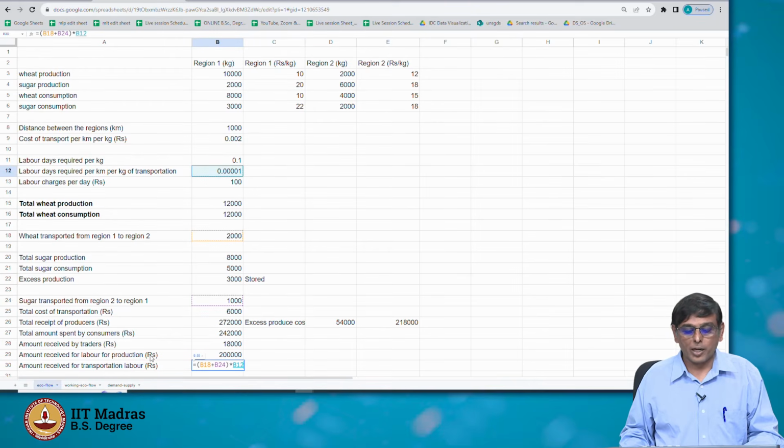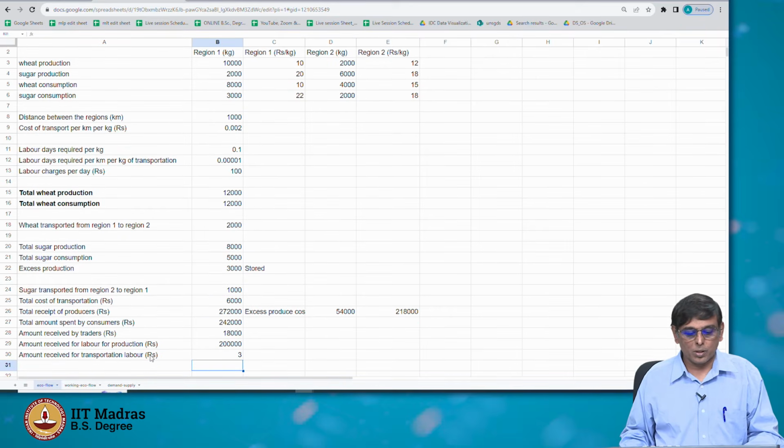The labor required per kilo of transportation is this, and the cost of labor per day is this. So, per kilometer.